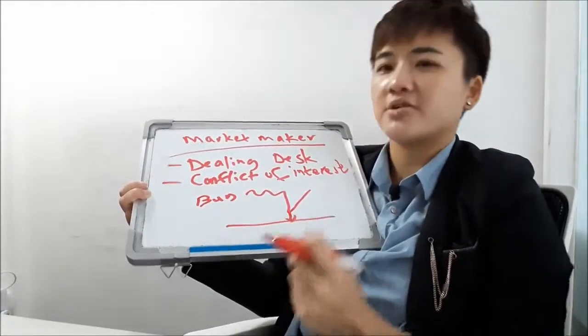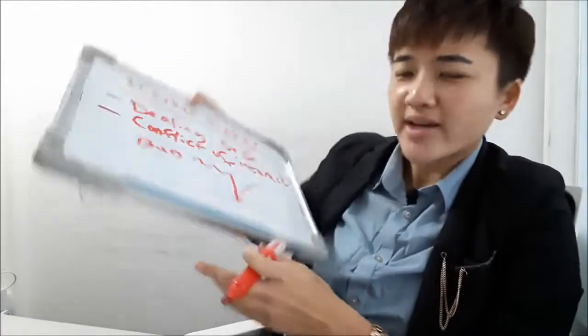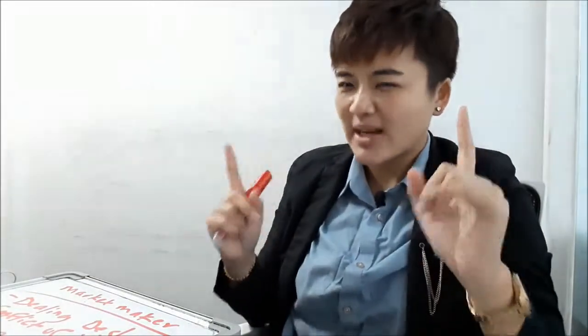It triggered your stop loss. And people are wondering, why is it that the price didn't even reach that level, but it still triggered a stop loss? It is because, as the name suggests, market maker, the broker can pull the price all the way down to your stop loss and purposely make you get stopped out. Because here's the thing, when you get stopped out, this is where their pockets, their wallets become thicker.